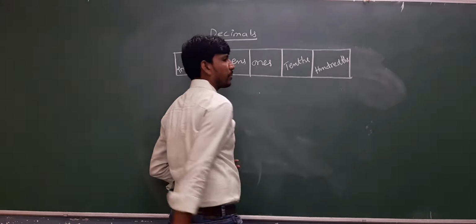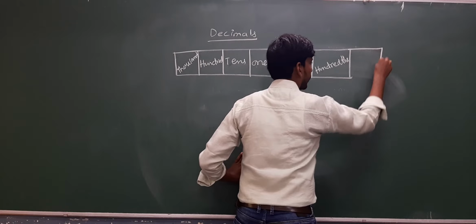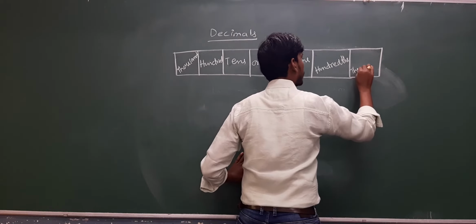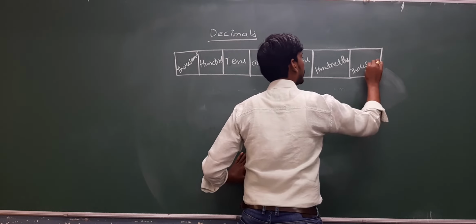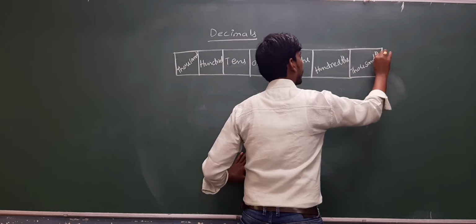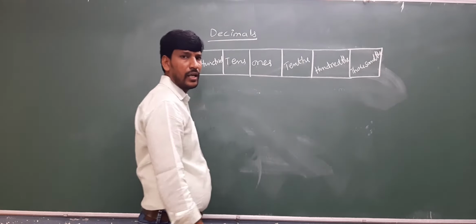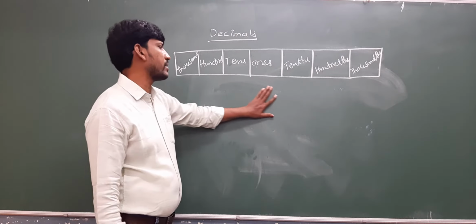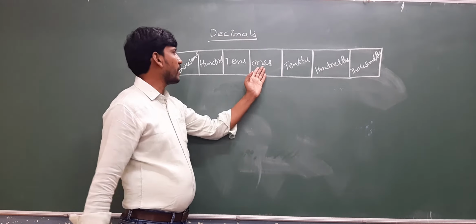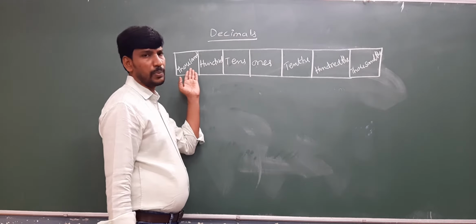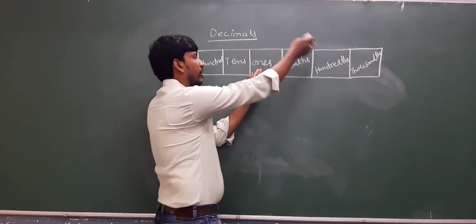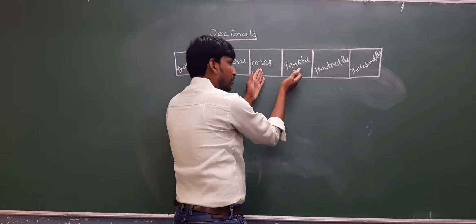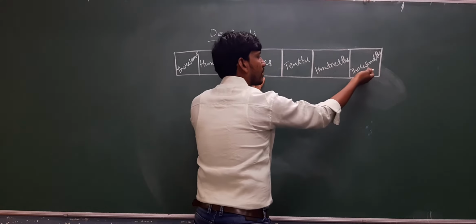This is the hundredth place. This is the thousandth place. Clear? Right? So this we actually discussed at 6th class level: ones place, tens place, hundreds place, thousands place. After the ones place, what do we have? We have the tenth place, hundredth place, thousandth place.